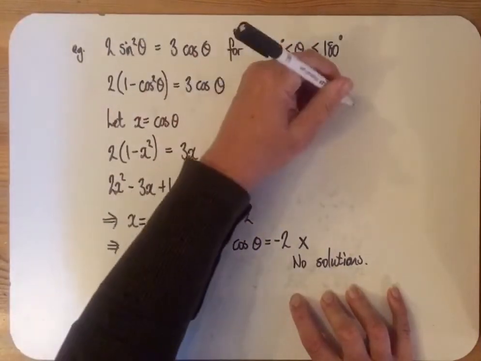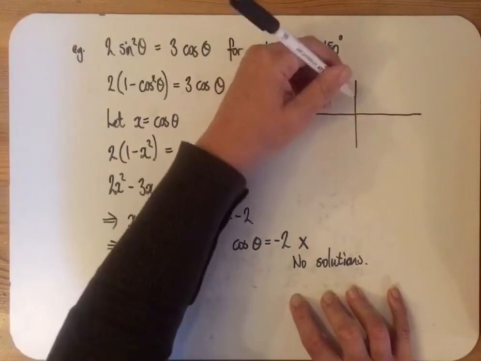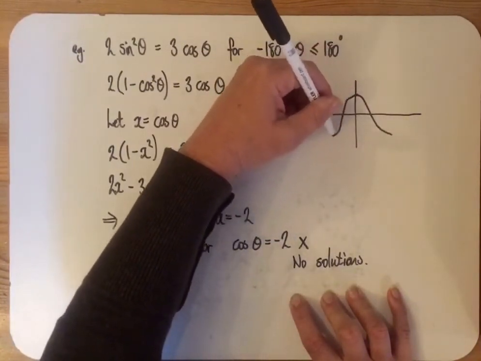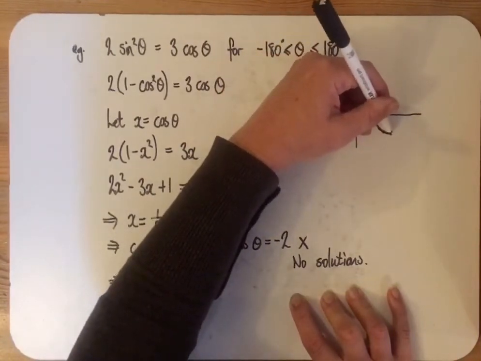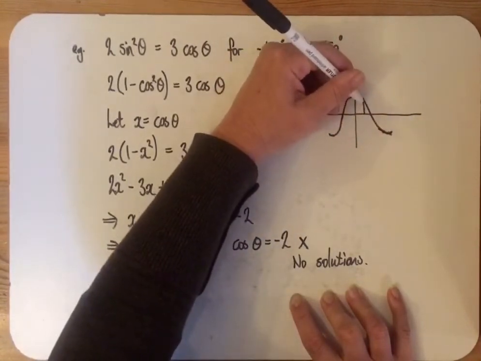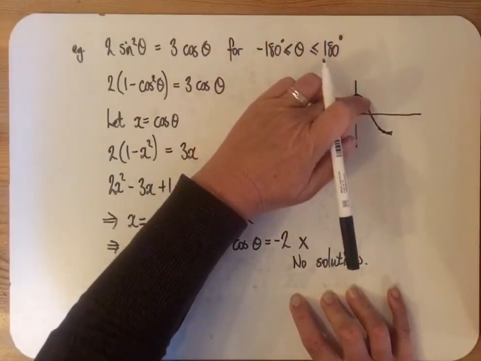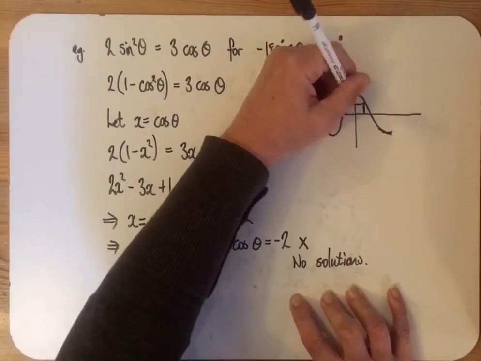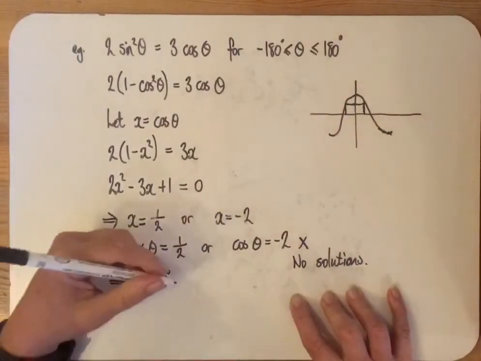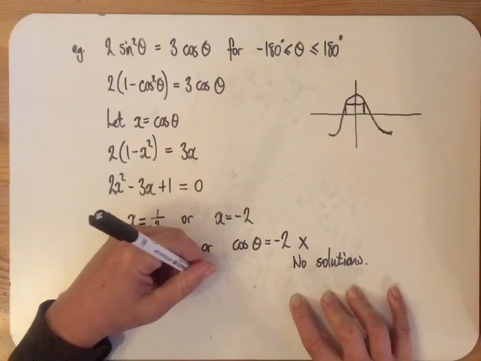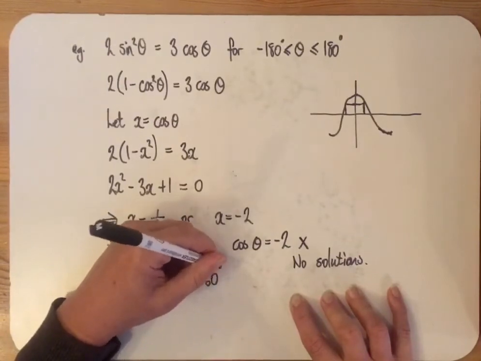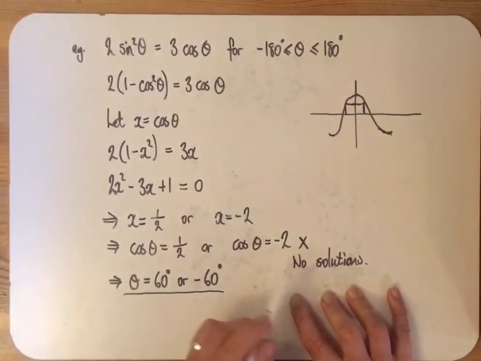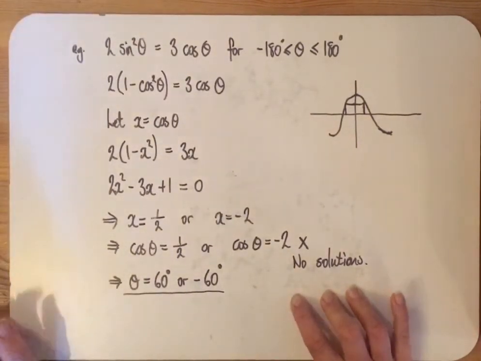We're going between minus 180 and 180 on cos. So it starts at 1, down to 180, minus 180, or something like that. So there's one solution at 60, where cos theta is equal to a half, and there's another one here at minus 60. Like so. So it's fine to have these ones with no solutions on them.